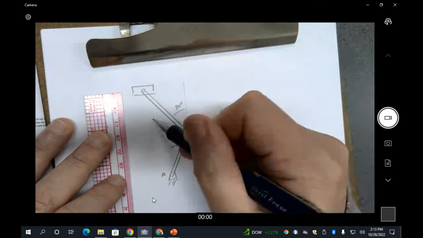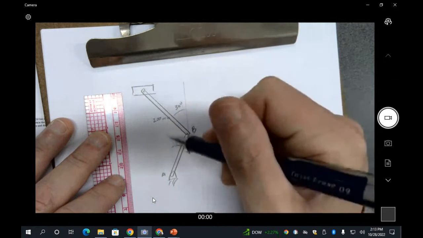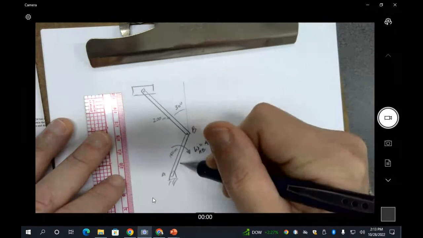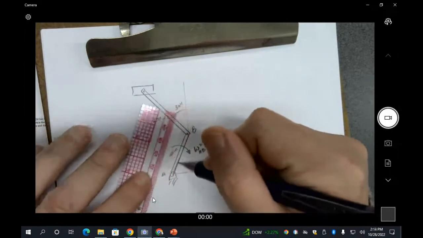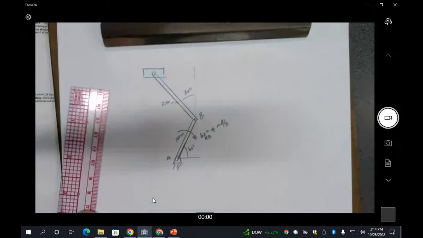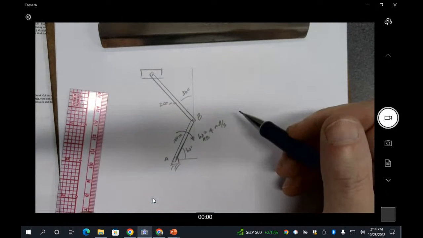And the lengths of this, they said this is 200 millimeters, and this was 150 millimeters. And then they also gave the angles here.